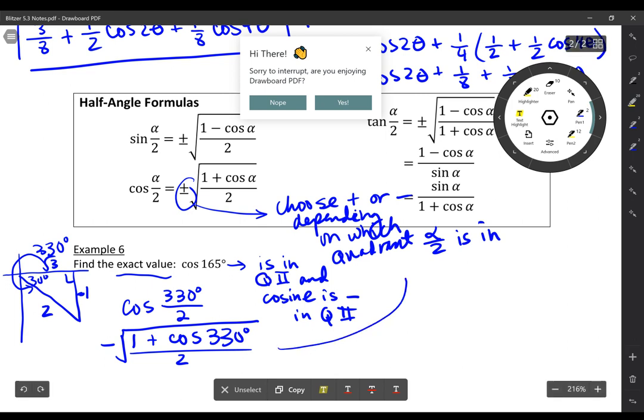So this is going to be negative square root of 1 plus the cosine we've decided is root 3 over 2, and this is all over a 2 inside. So if I'm going to add these together, I need a common denominator, or maybe we should divide them both by 2 for now.